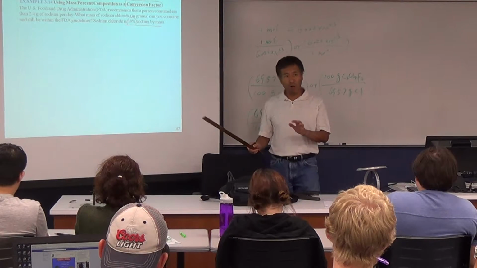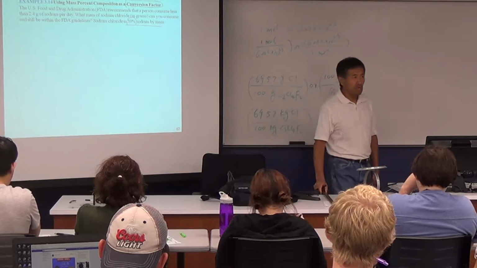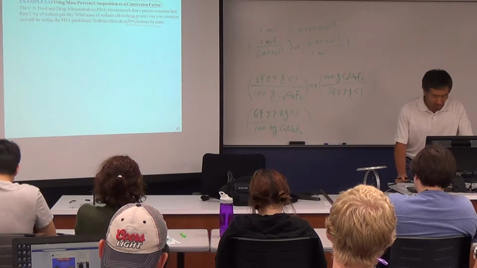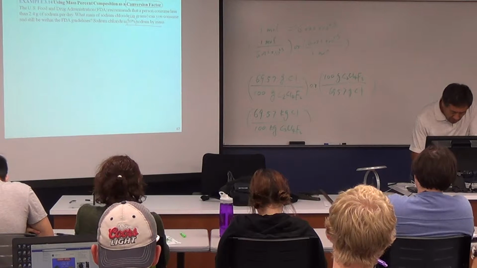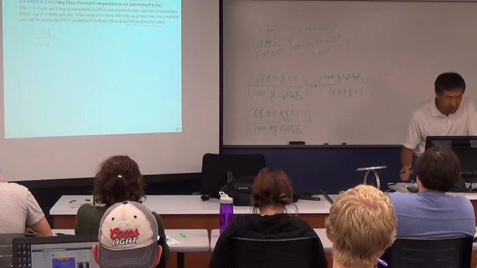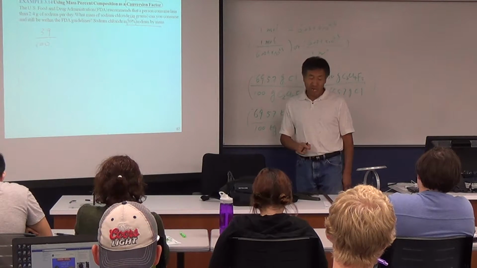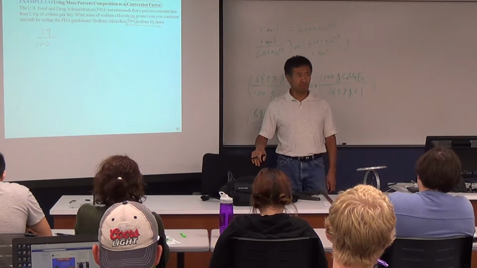Percent means something over 100. So right now, both don't have units, but you can write 39 over 100. Now, 39 what? You have to be able to add on the unit.